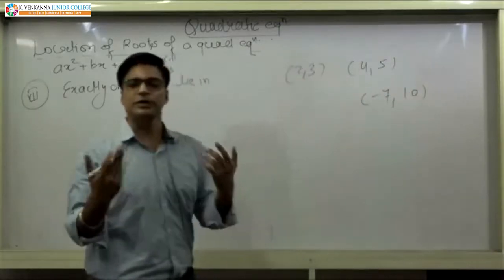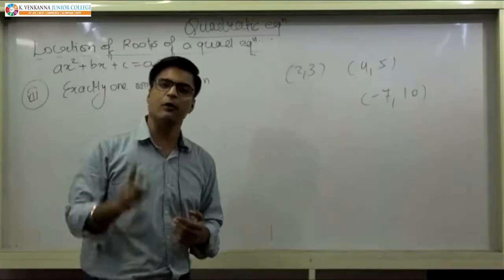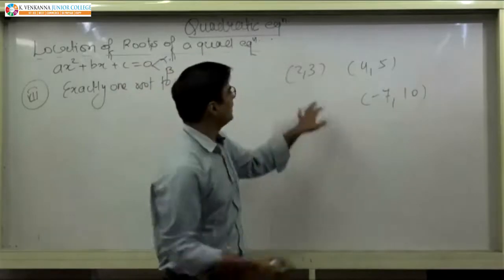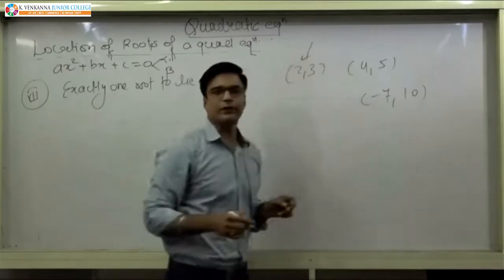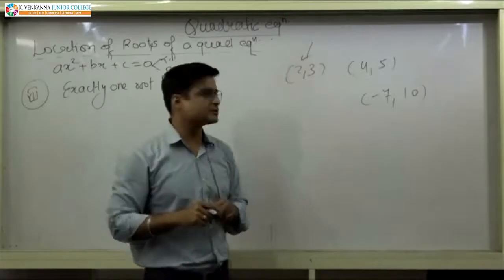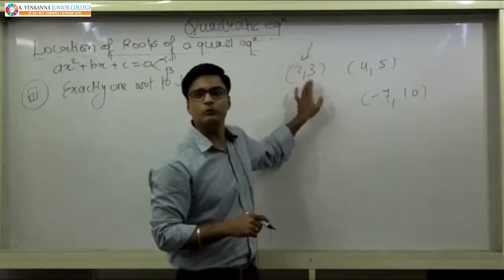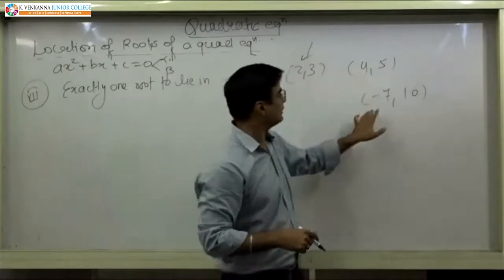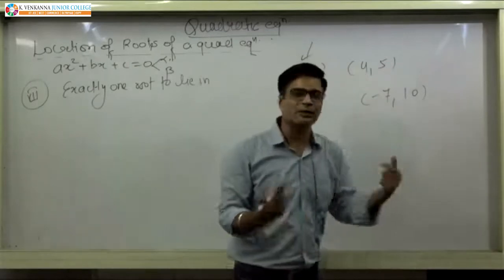Let's say the question says, what is the condition for exactly one root of this quadratic equation lying in this interval 2 to 3. That means your curve is intersecting the x-axis in this interval 2 to 3. If you are talking about this, then 4 to 5. Otherwise, -7 to 10. So what does it mean?